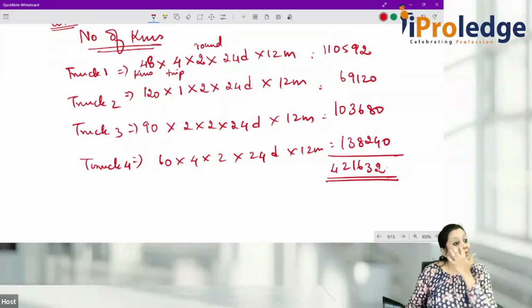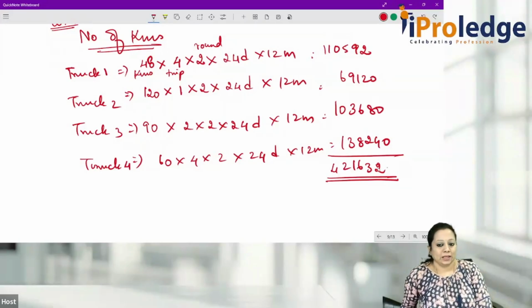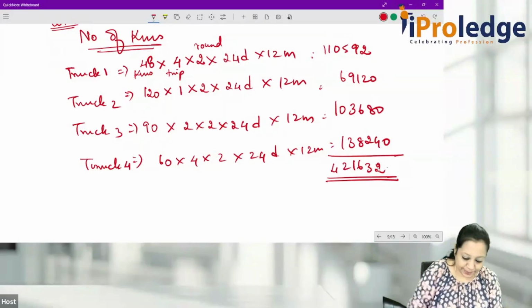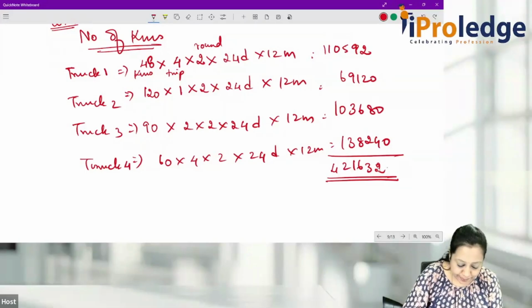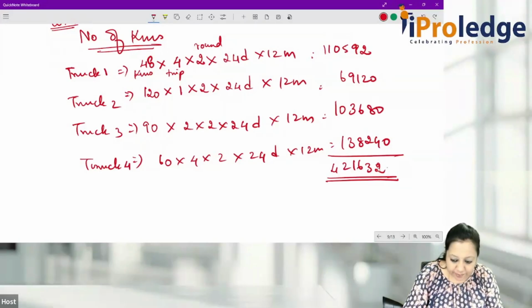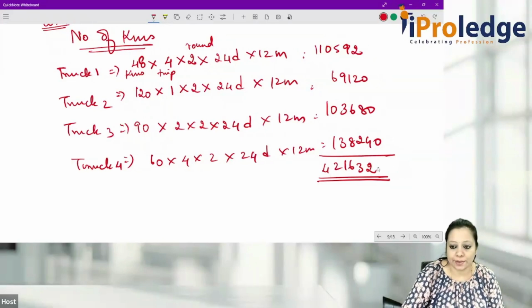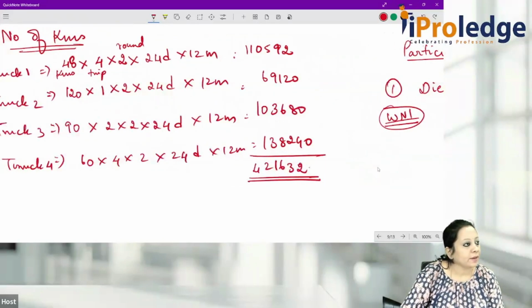So this number of kilometers of diesel cost. Shall we proceed, students? Yes. So now it's going to be. Can I go ahead, dear?